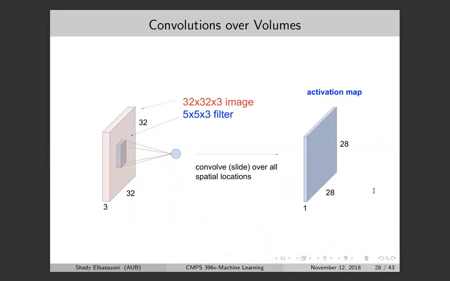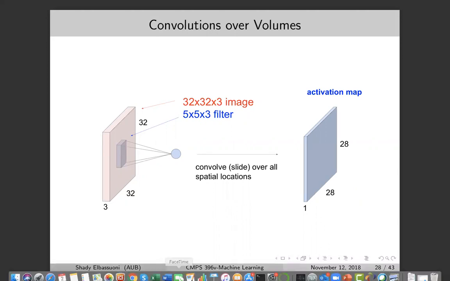And that gives me what? The output is an activation map. So it's here a 28 by 28 by 1. Why is the depth 1? Because I take the volume and I slide a filter over it, a convolution over it, and that gives me a single number. So I end up with a one-dimensional output. That's one activation map.